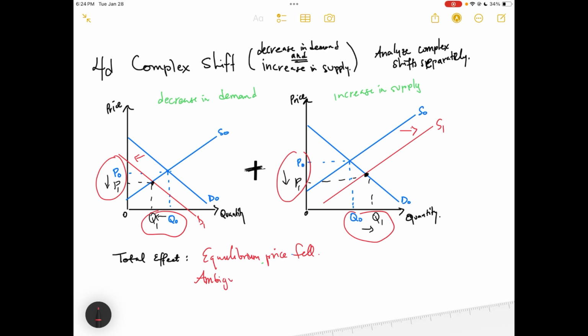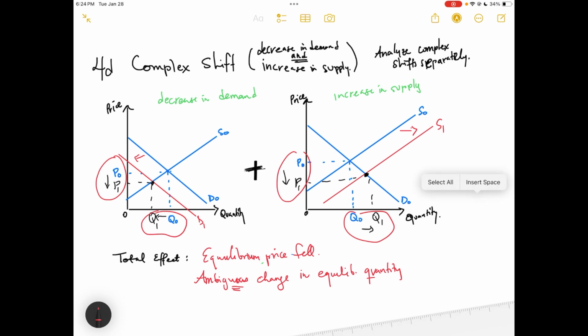We see an ambiguous change in the equilibrium quantity. Probably spelled ambiguous wrong, sorry about that.